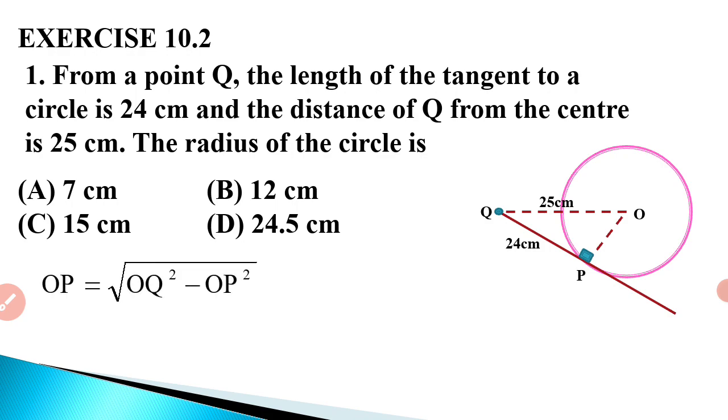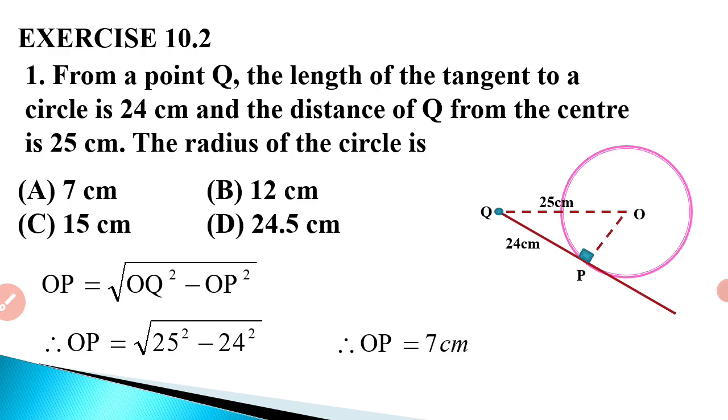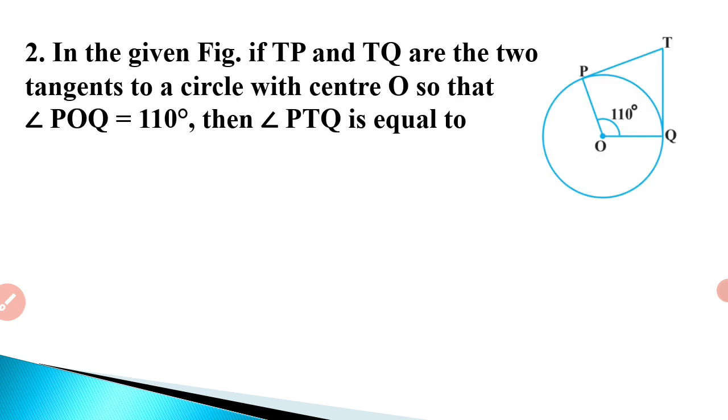So OP is equal to the square root of OQ square minus QP square. Let me put the values. OQ is 25, so it is 25 square, and QP square is 24 square. When I solve it, I get the value of OP to be equal to 7 centimeters, and that is our first option.